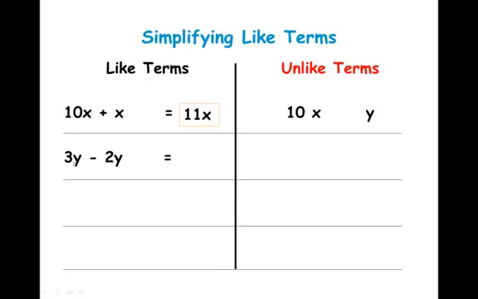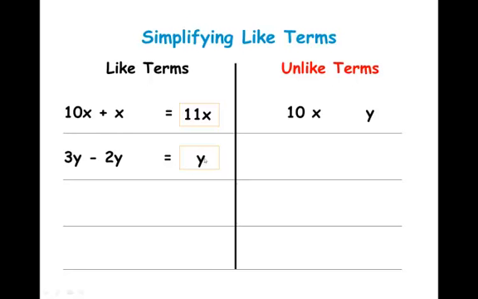If you were to simplify 3y minus 2y, we can simplify these. They are from the same family. They're both from the y family. So we've got 3 lots of y, 3 times y, take away 2 lots of y. So 3 minus 2 gives us 1. And as I said before, in algebra you don't need to show the 1.